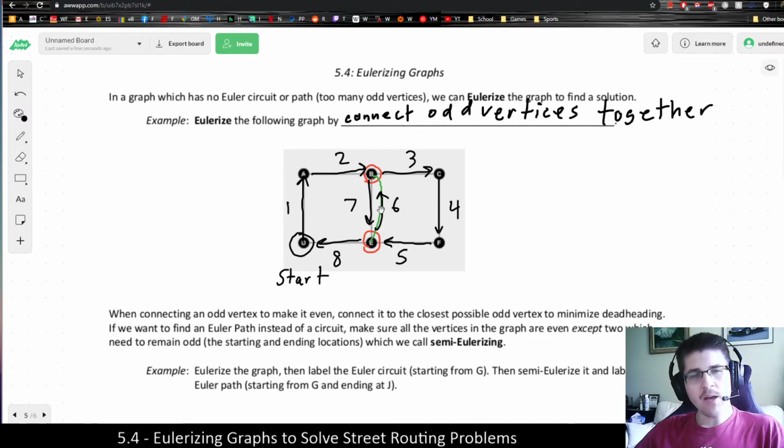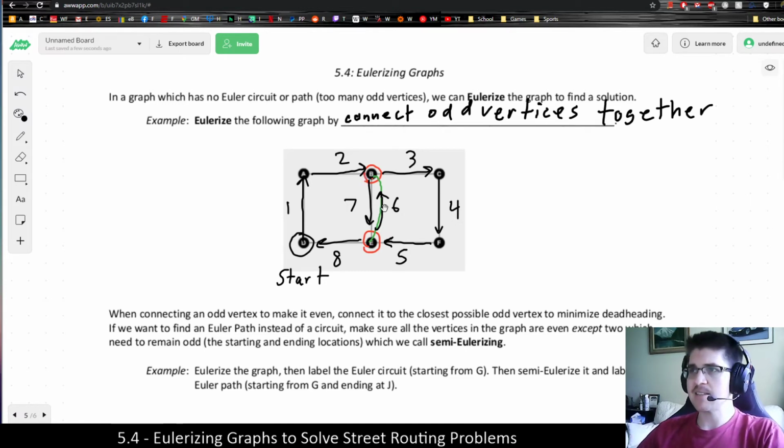If you're thinking, why am I adding an additional edge, because I'm really changing the graph, what this additional edge really represents is the deadheading in the original example. That's exactly what the video from our textbook publisher was talking about. When we add an additional edge to Eulerize the graph, we're encompassing the deadheading.